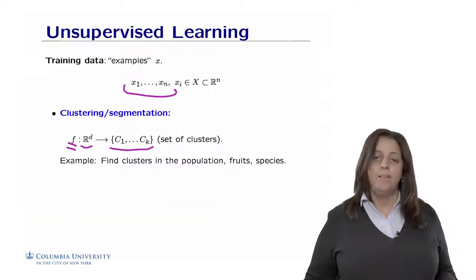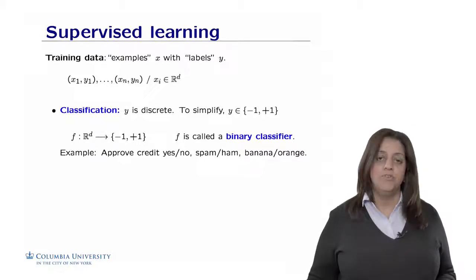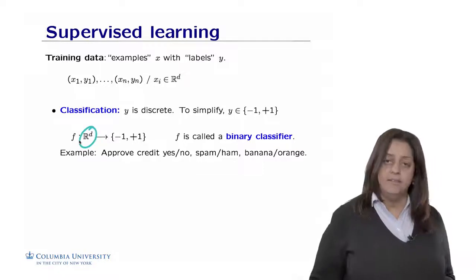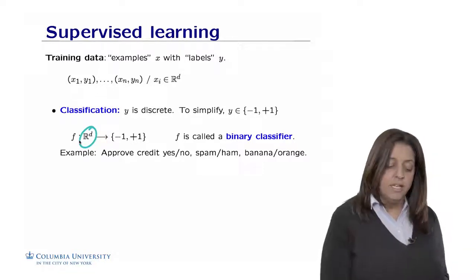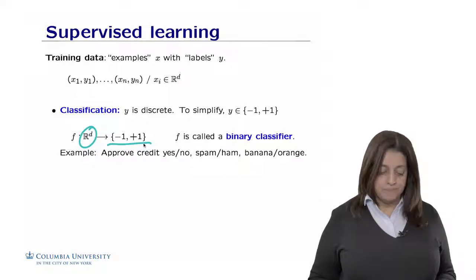So given examples along with their labels, the goal of supervised learning is to find a classification model that maps the feature values, which are in R^D given that we have D dimensions, into a class label that tells whether the fruit is a banana or an orange.